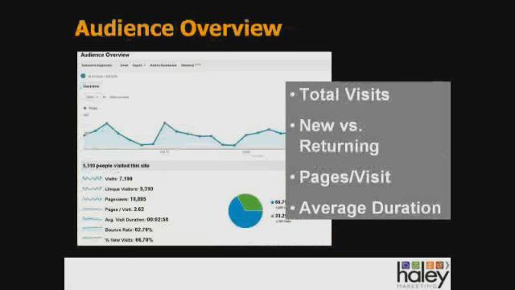I can look at new versus returning visits and say, okay, 90% of my traffic is from new people that haven't been to my site before. And I might say, oh, well, that's terrific. My search engine optimization is working great because I'm getting in front of all these new people. But on the flip side, I might say, you know what, if only 10% of people are return visits, that might mean that there's no reason for people to come back.